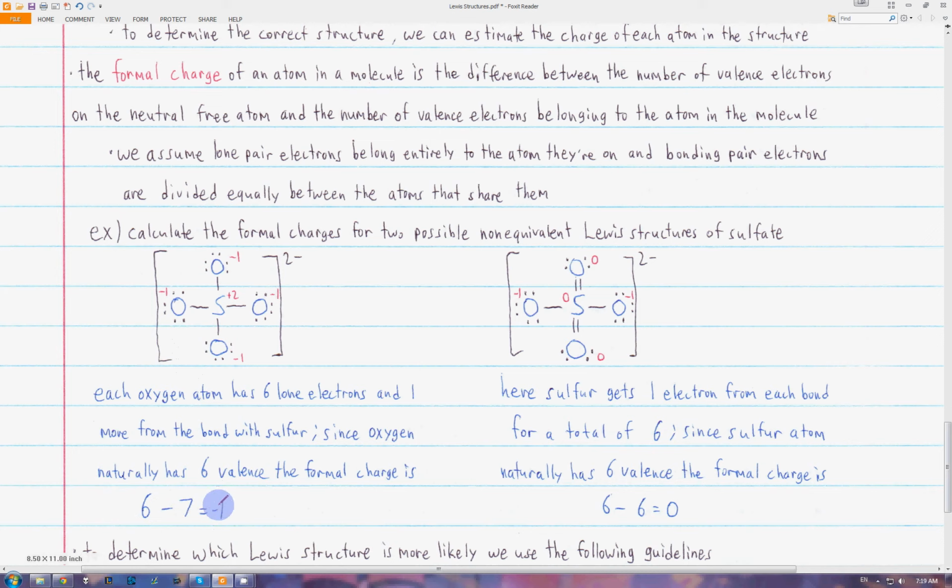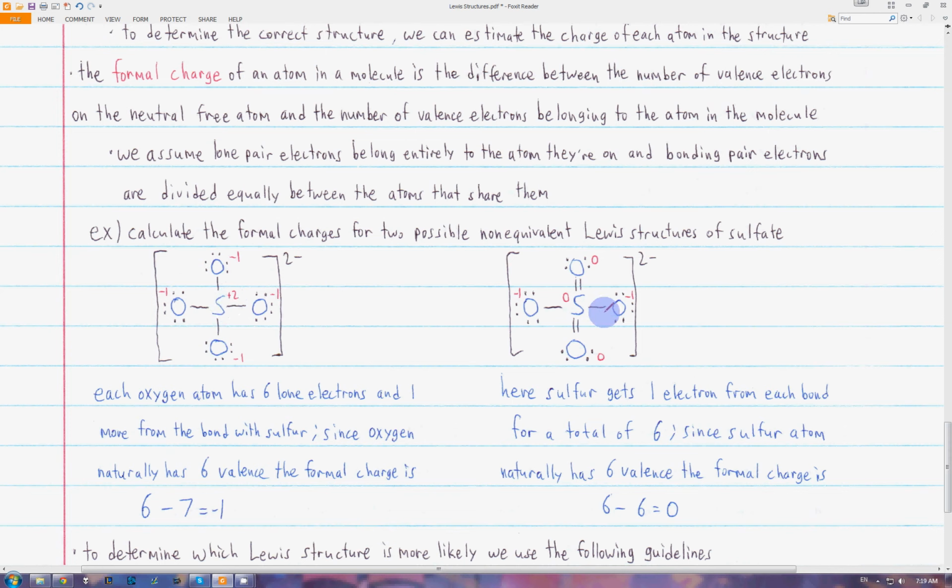So the charge of oxygen is -1. Now sulfur in its natural state also has 6 valence electrons, and here it has no lone pairs and 4 bonding pairs. So it gets 1 electron from each bonding pair for a total of 4 belonging to it. So its formal charge is 6 minus 4, positive 2.